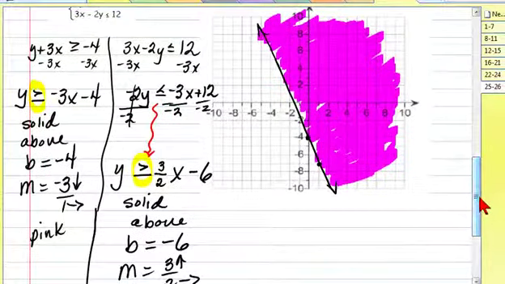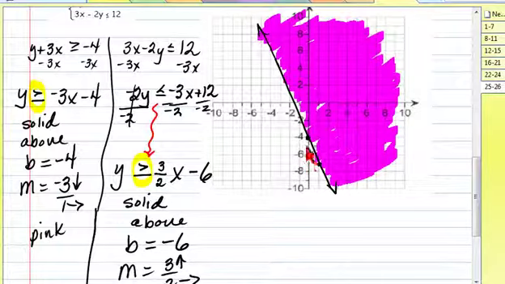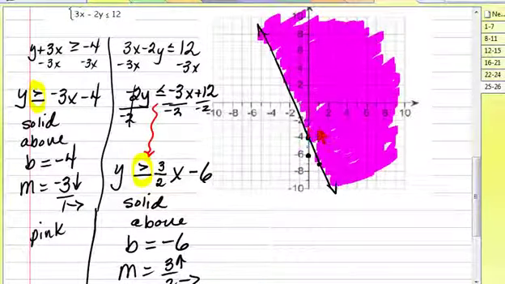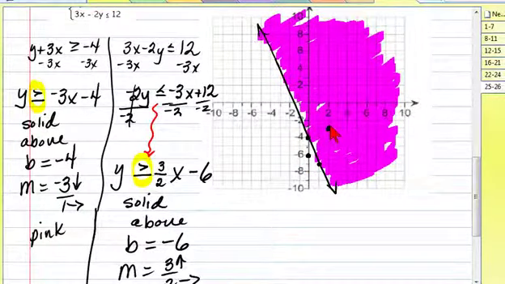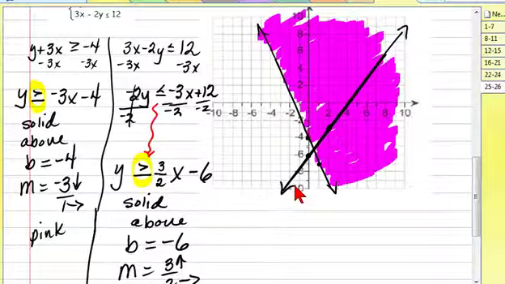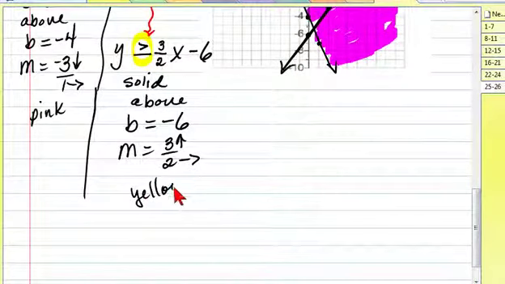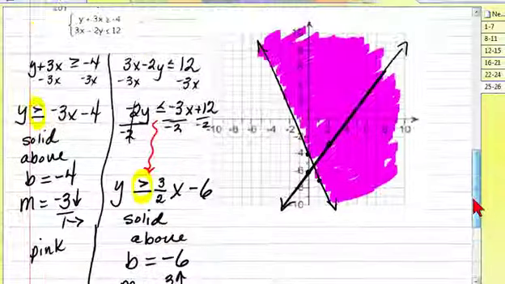Well, sort of stays there. All right, I'm going to begin at -6. I'm going to go up 3 and right 2, and there's a point. Draw my solid line. And I'm supposed to shade which way? Above it. And just for the notes, in case you were looking back, I'll do this in yellow.